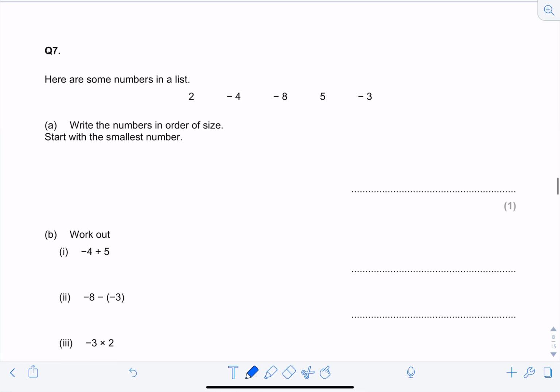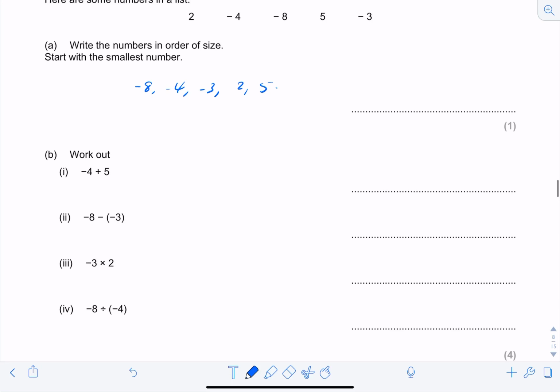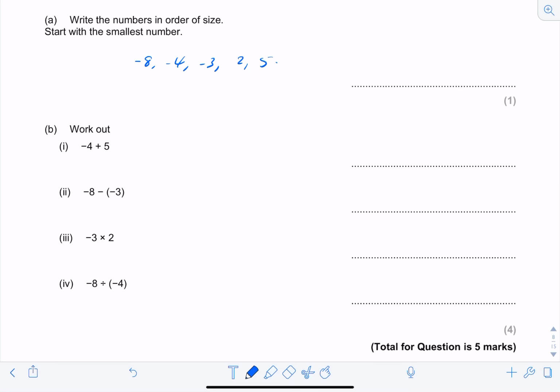Okay, question 7. Here are some numbers in a list. Lovely numbers. Order of size, smallest to largest. Oh, how difficult. -8, -4, -3, 2, 5. Done. -4 plus 5 on a calculator is 1. Lovely.